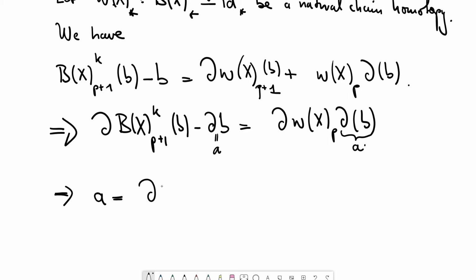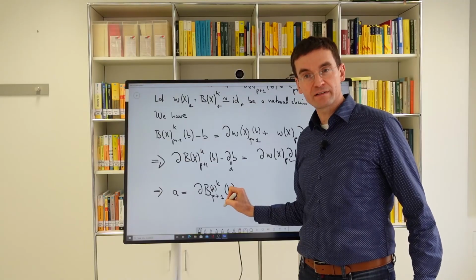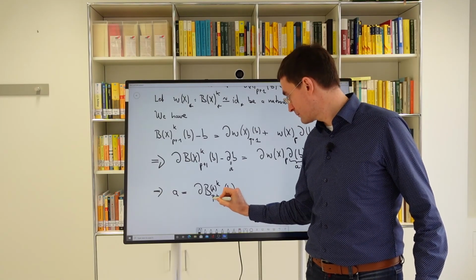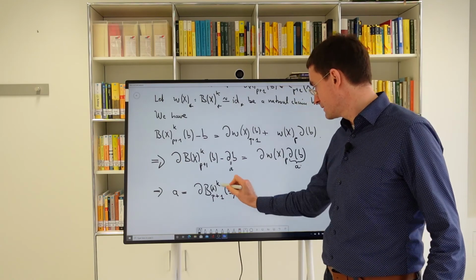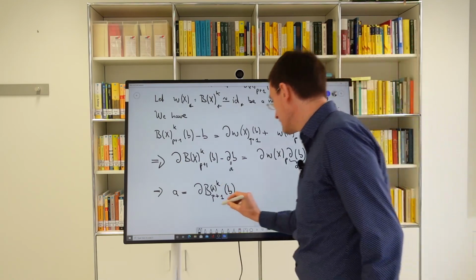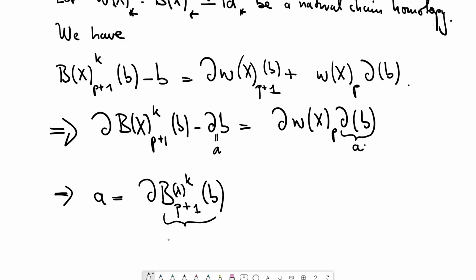So this is definitely a boundary in the complex C star U, because b x p plus 1, k of b is in C p plus 1 U of x.